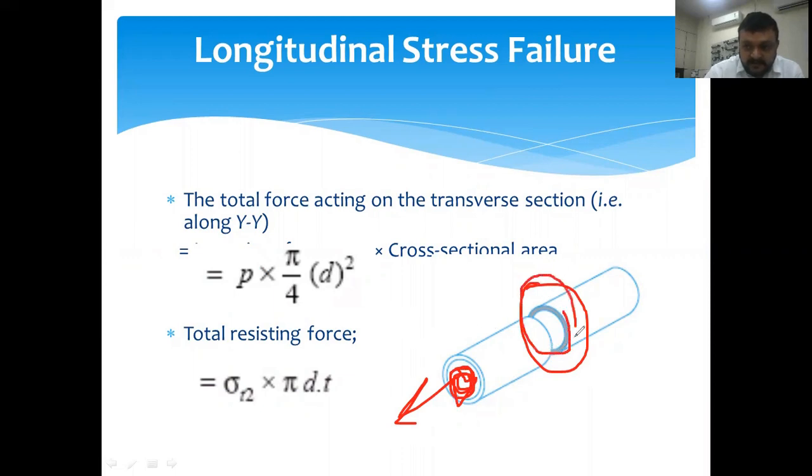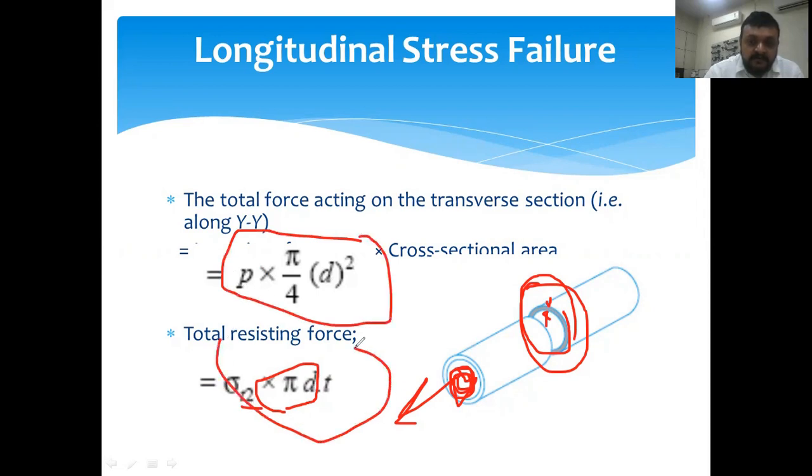So sigma T2 into pi into D, where pi into D is the circumference of the circle, into T, the thickness. This is the thickness that you have to keep.